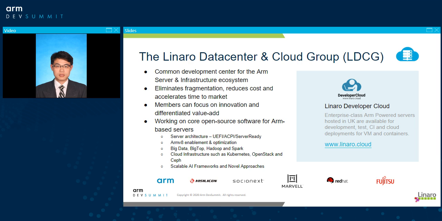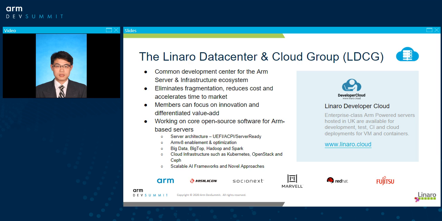So just first a brief introduction of the Linaro Datacenter and Cloud Group. Actually, we are focusing on Arm-based server and infrastructure ecosystem development, and our mission is to eliminate the fragmentation and reduce the cost to accelerate the Arm server to the market.